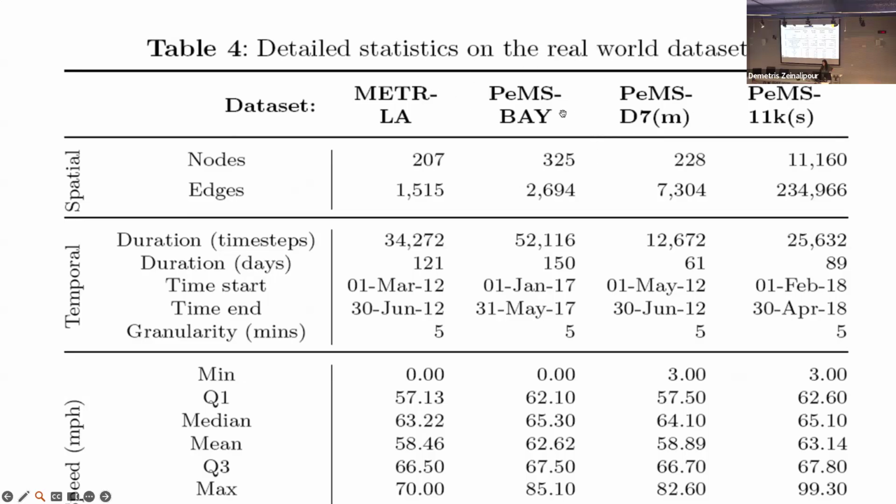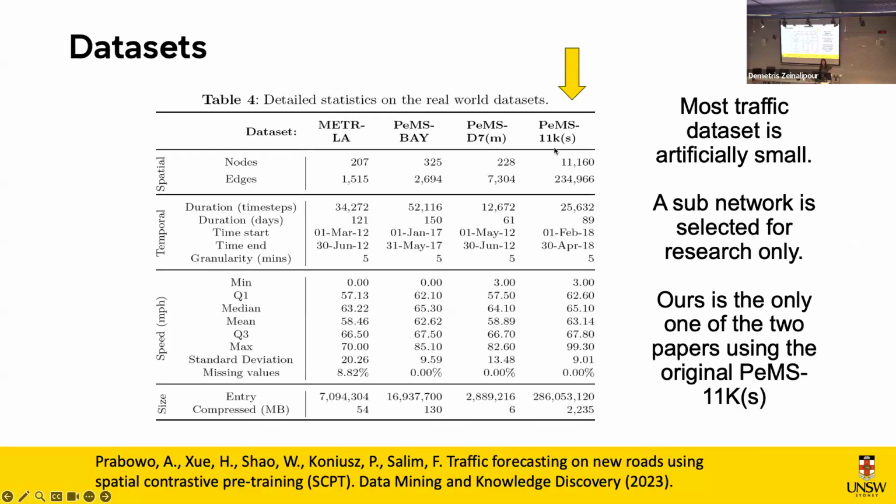When you see PeMS-Bay, that means it's only 325 nodes rather than the 11,000, and only 2,600 edges. These are the most popular ones. Only one paper used the original PeMS dataset before our paper.